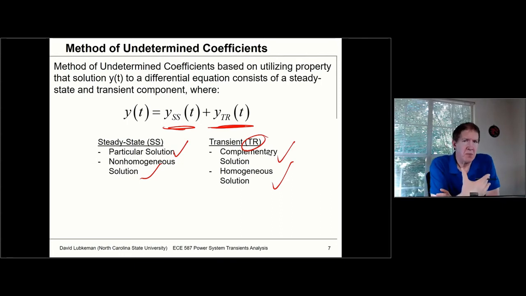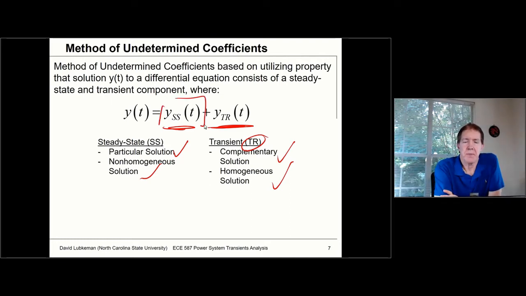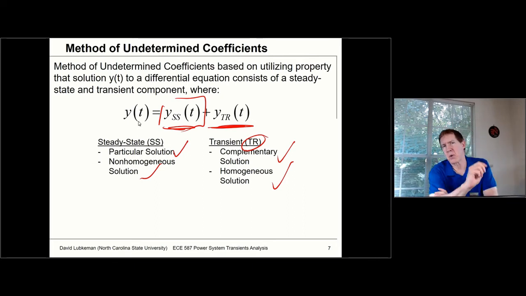From our standpoint, if we're working with sinusoidal sources, then this part of the solution, YSS, corresponds to what we would compute using phasor analysis. So we already know how to do this. If we know how to do phasor analysis, we know how to get YSS already.